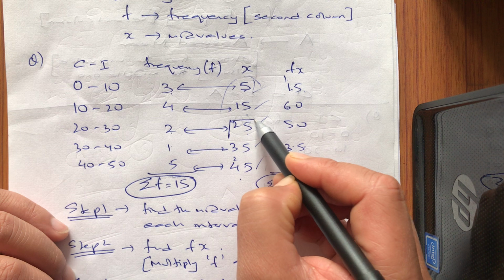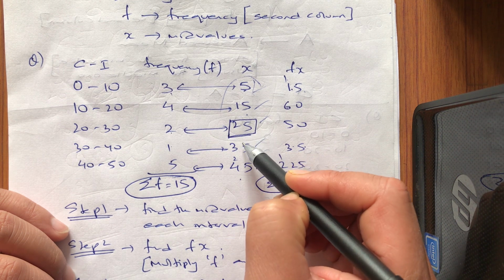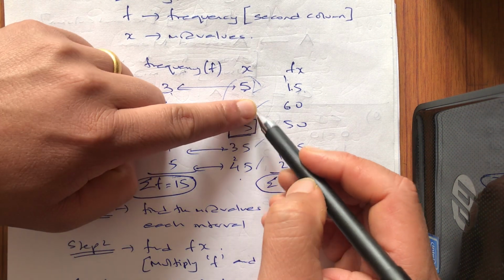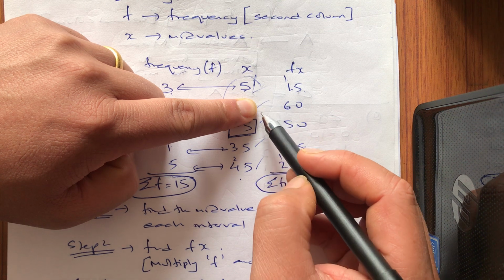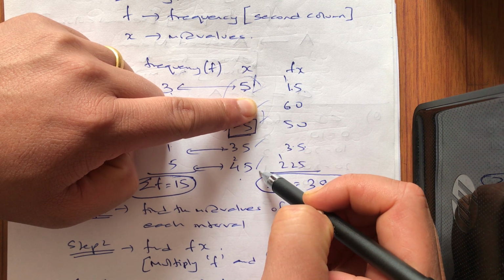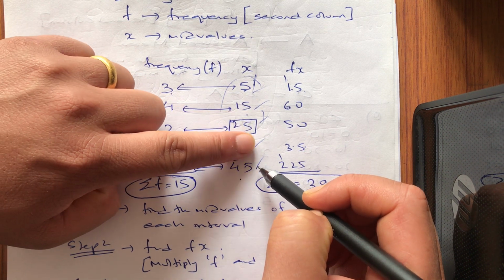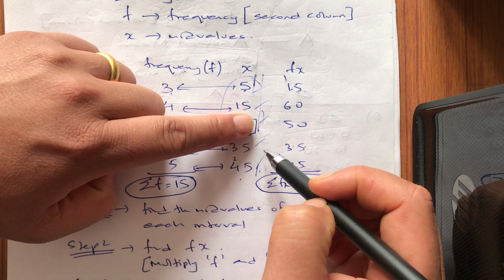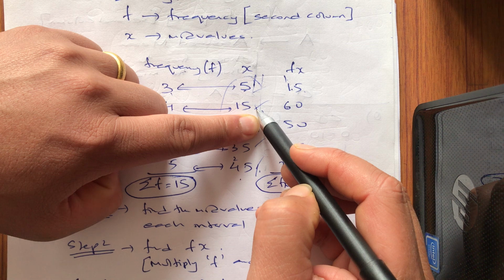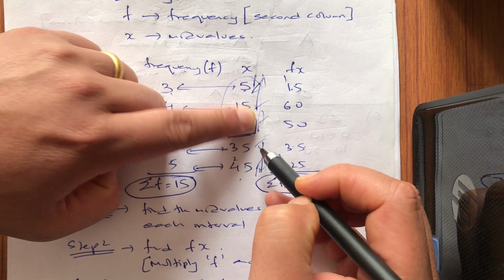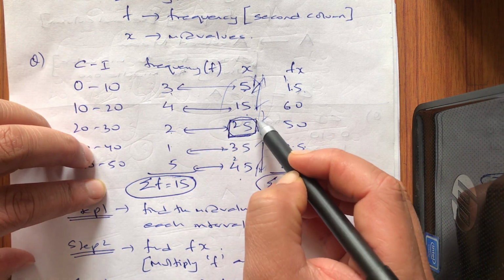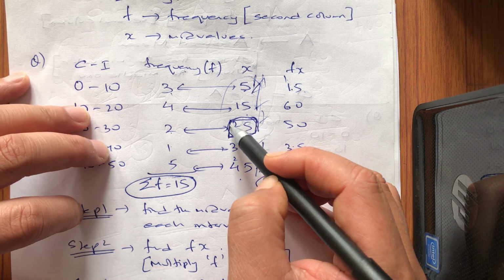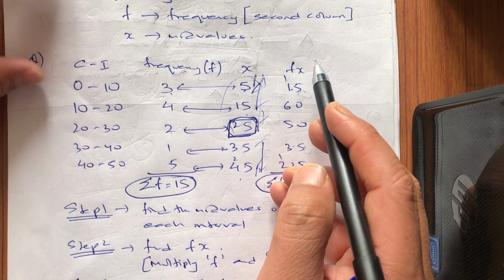I think 25 lies exactly in the middle, because if I choose 15, then there is only one above it and there are 3 values below it, so I can't call that the middle. What if I choose 35? Then there are 3 values at the top and only 1 value at the bottom, not in the middle. But if I choose 25, then I have 2 values above it and 2 values below it, so this lies exactly in the middle. So if this was the question, I would have chosen 25 to be my assumed mean, or my A. Is that okay?